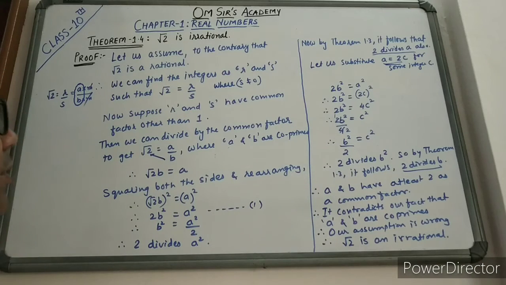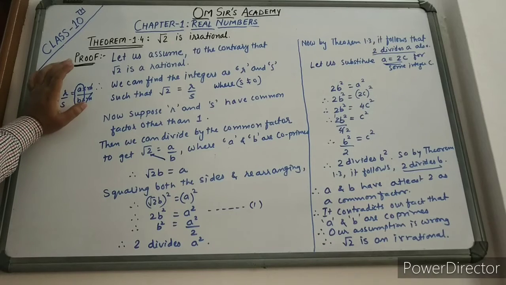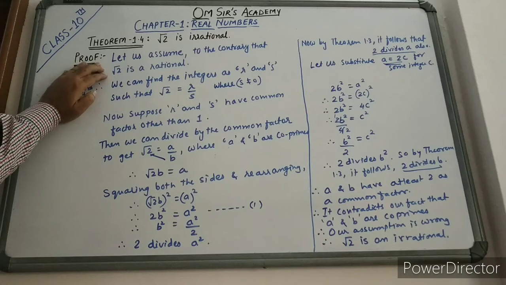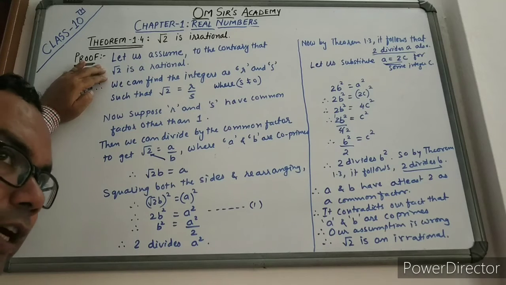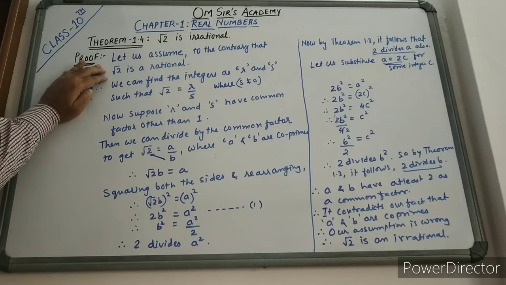Is it clear friends? So let us repeat this once again. सबसे पहले हमने क्या किया? First step to prove root 2 is an irrational number. What we did is, let us assume to the contrary that root 2 is a rational. मान लिया कि चलो root 2 है वो क्या है? Rational number है. Is it clear?